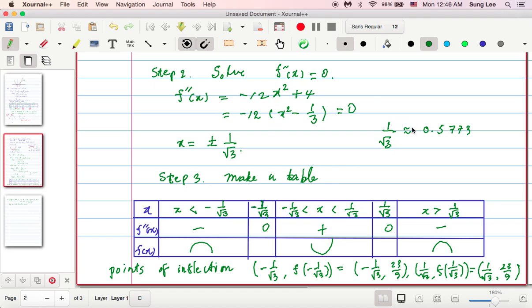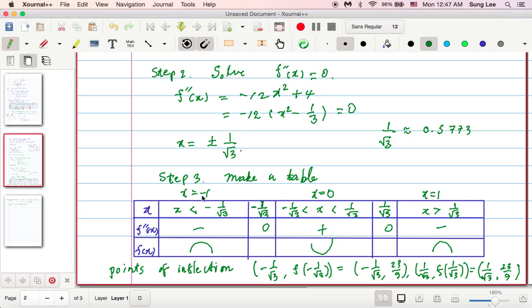Because 1 over square root of 3 is approximately 0.5773, negative 1 is less than negative 0.5773. So x equals negative 1 belongs here. And actually, you could have used x equals negative 1 as the test point for this. And x equals 0 belongs here, and then x equals 1 belongs here, okay?